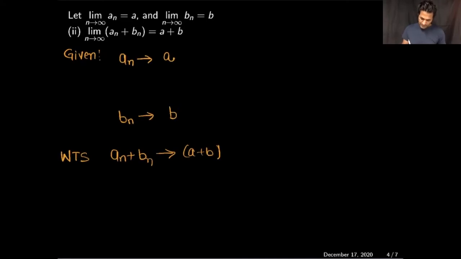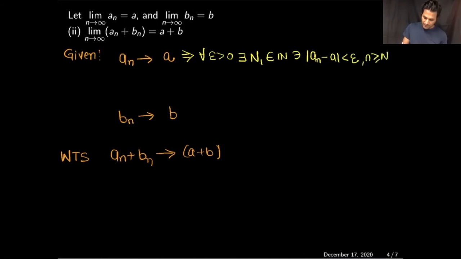So let's start with what is given. If a sequence an converges to a, it means for all epsilon positive, there exists a natural number. I'm going to call this one N1, a natural number, so that the difference an minus a is less than epsilon when n is bigger than or equal to N1.